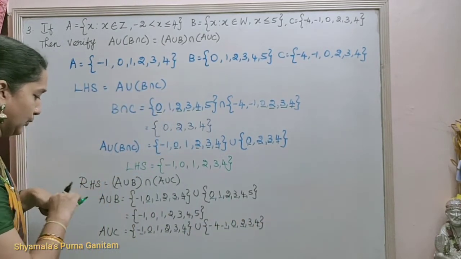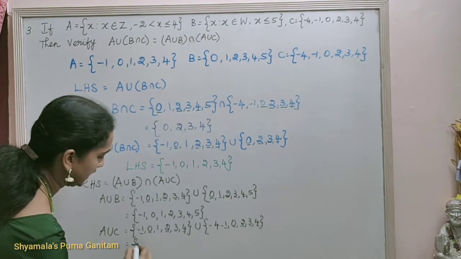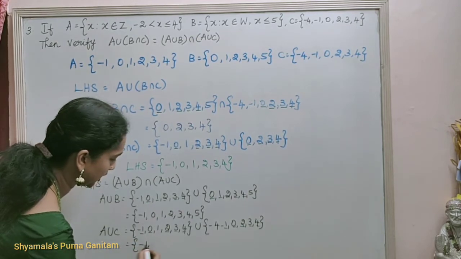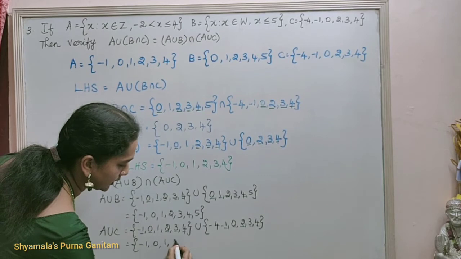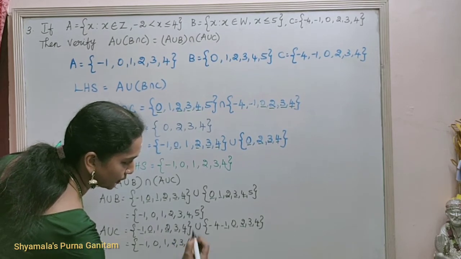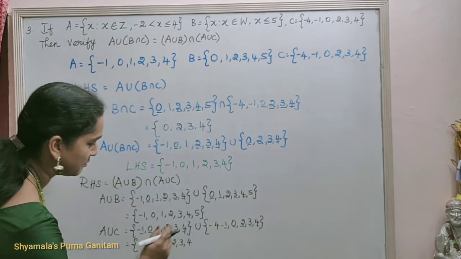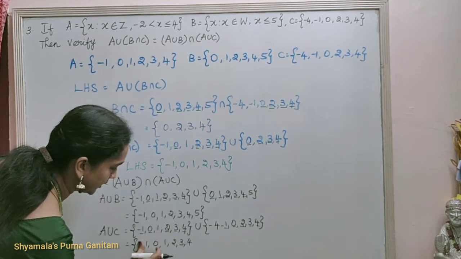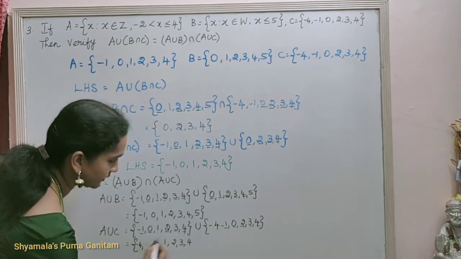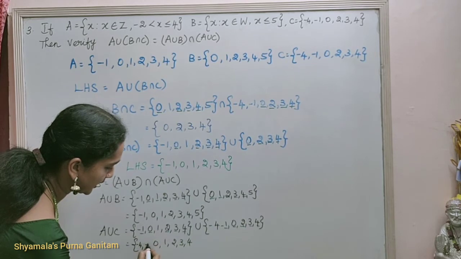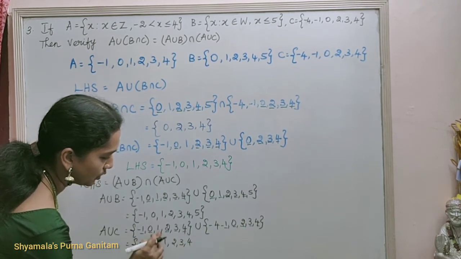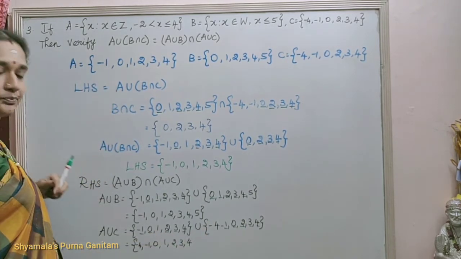Minus 4 is also there. So A union C is minus 4, minus 1, 0, 1, 2, 3, 4.